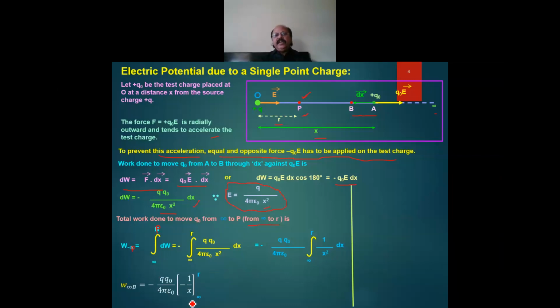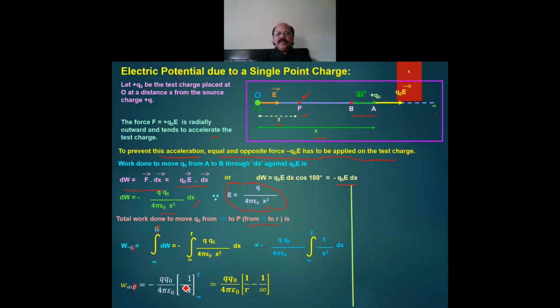The integral of 1 upon x square dx is minus 1 upon x. So the equation becomes W infinity P equal to minus q naught Q upon 4 pi epsilon naught within bracket minus 1 upon x from infinity to r. Now substitute the limits and take out the minus sign outside.